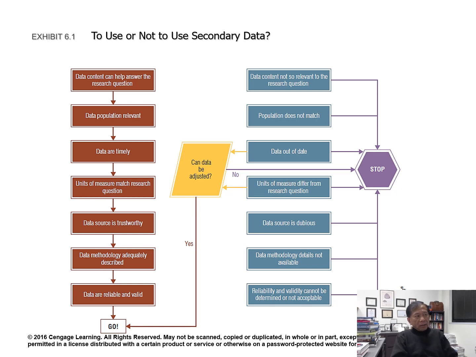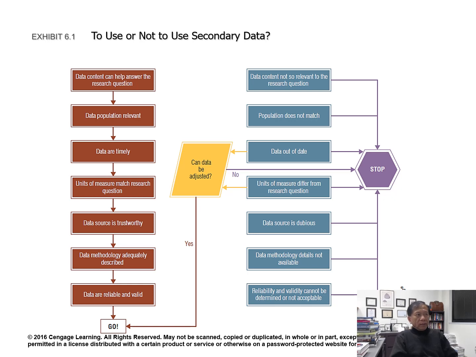Are the data timely? Then you go ahead and move on. Do the units of measurement match the research question? Perfect. Is the data source trustworthy? Good. Is the data methodology adequately described, so you know how the data was collected? Good. Are the data reliable and valid? Then you can go.